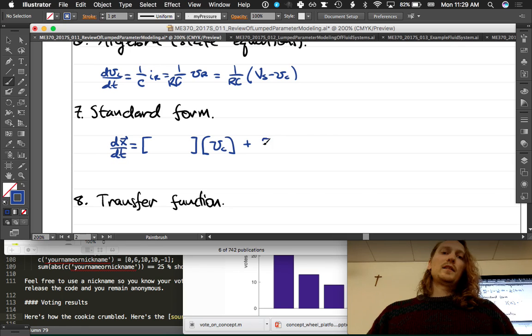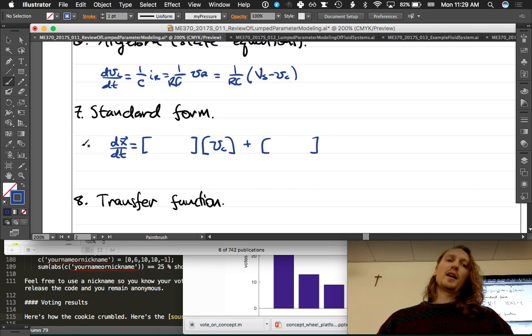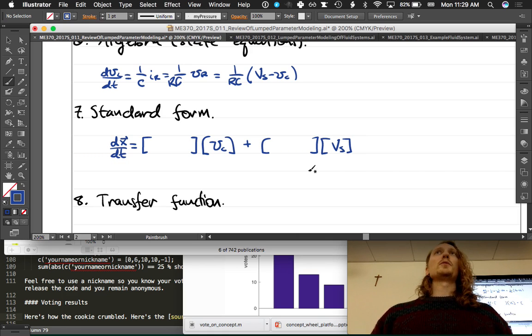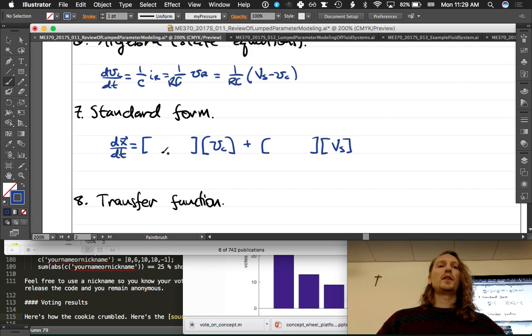Plus some B matrix, which we know has to be a 1 by something, because it has to be additive with this stuff, and times the number of inputs. What is the one input? Vs. So our B matrix is a 1 by 1 as well. So what is the only term here for Vc?